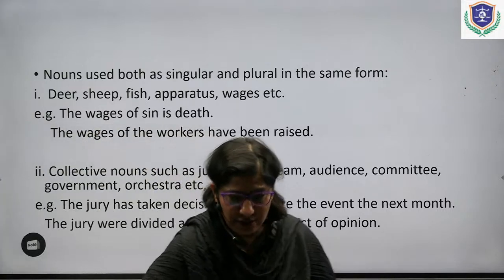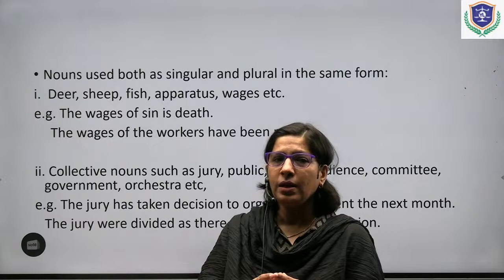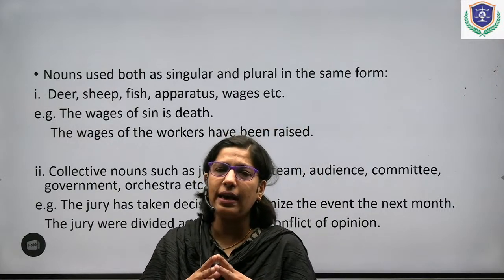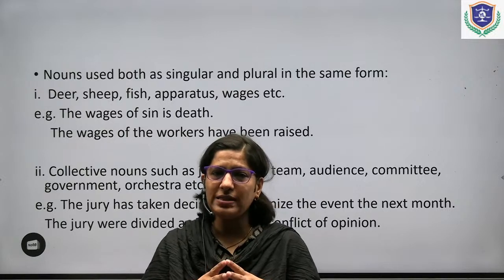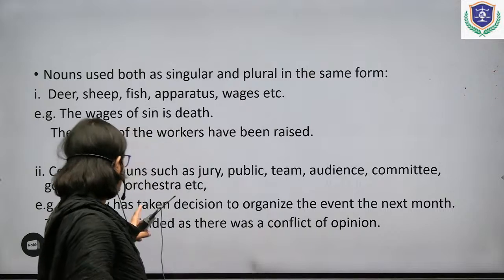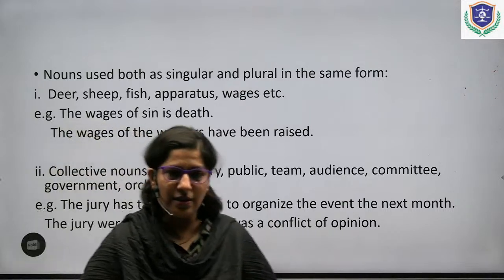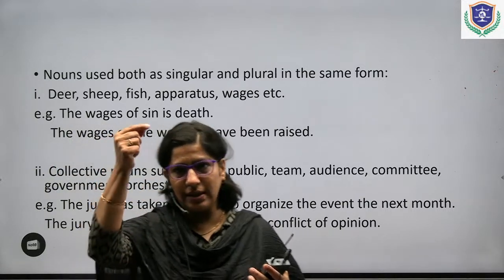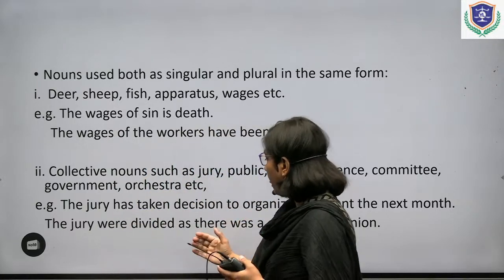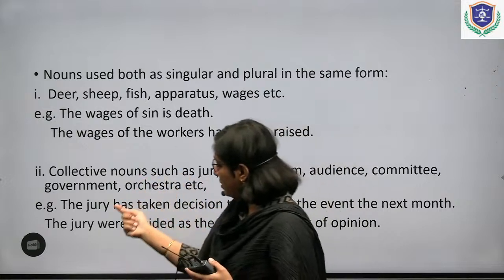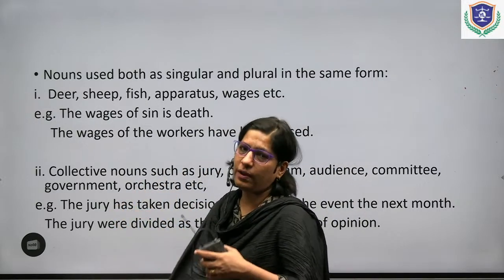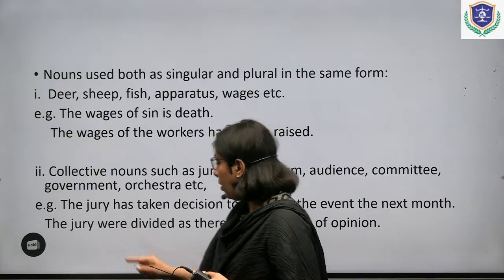Because the jury is not talking about one single answer or a common decision here, we will say the jury were divided. So you have to consider this. If they choose the correct answer and there is a division, and was and were are in two different options, you have to go by were.